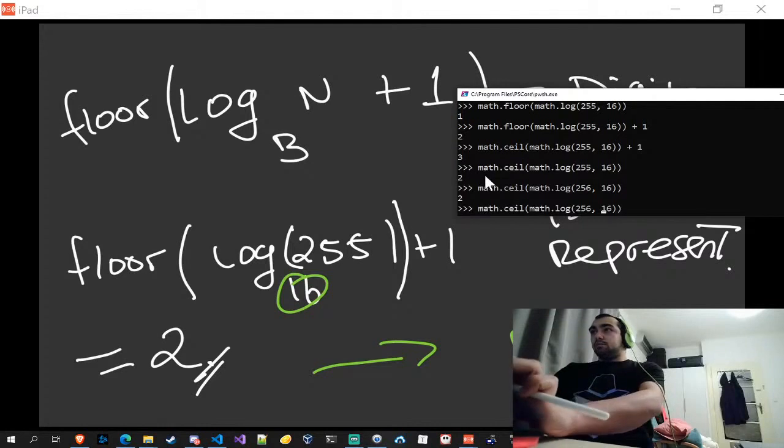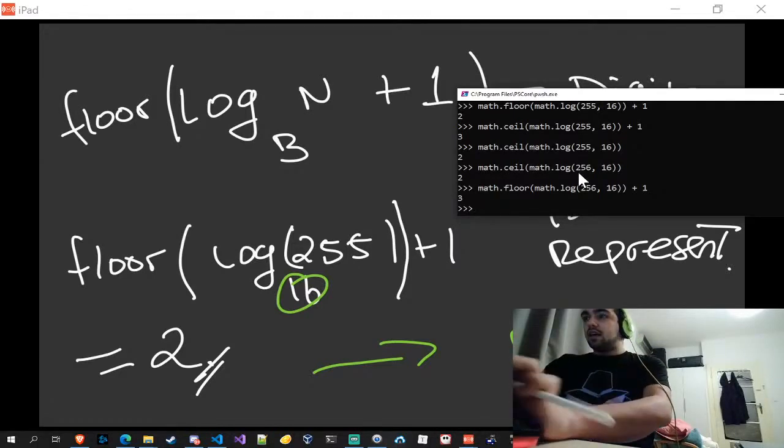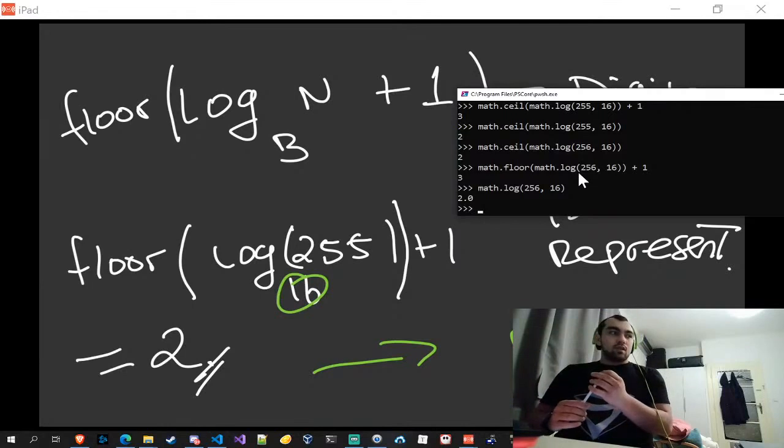But here's your problem. You see the difference? If you ceil this, 256 becomes 2. And why? Because the log of 256 base 16 is exactly 2. So when you're ceiling this, it just becomes 2.